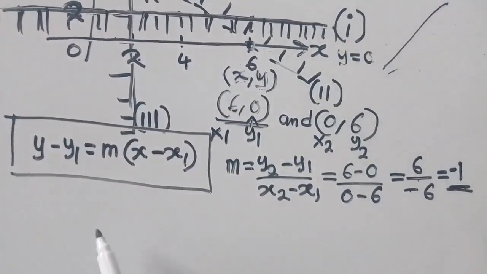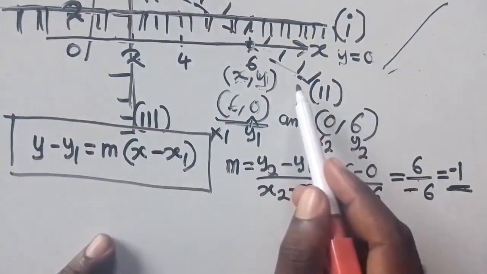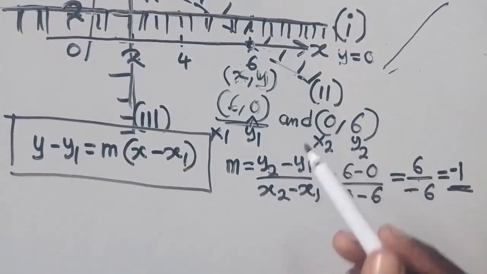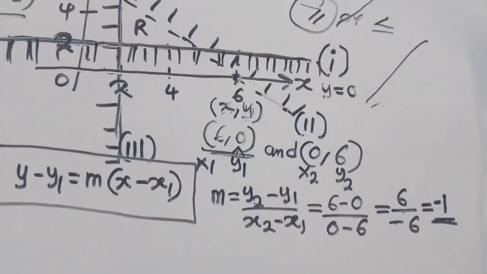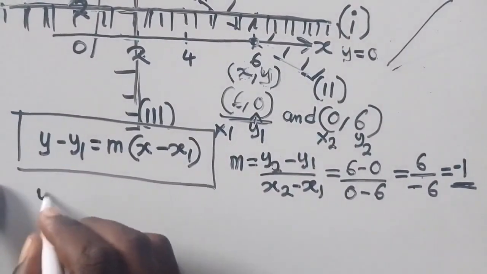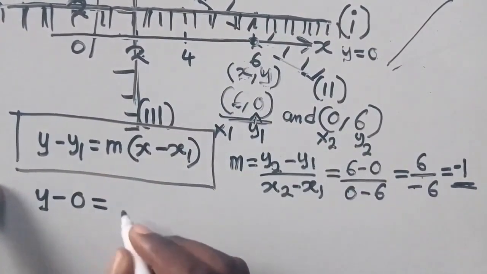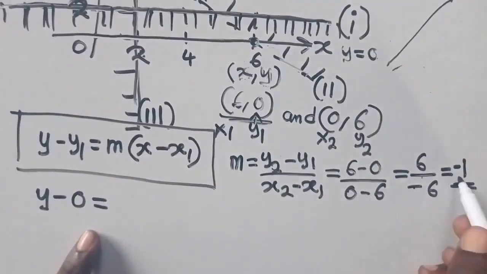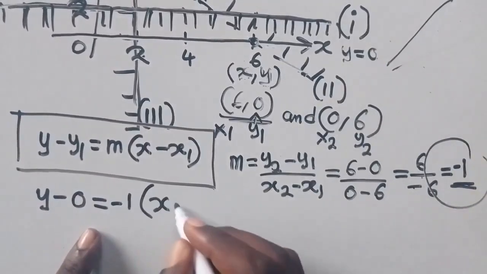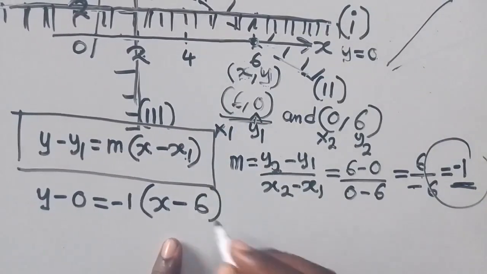I'm doing all these processes just to find this line here. Whenever you see a line like this, these are steps that you need to follow. So you say y minus y1, where y1 is 0, is equal to the gradient, negative 1, open bracket x minus x1, where x1 is 6.